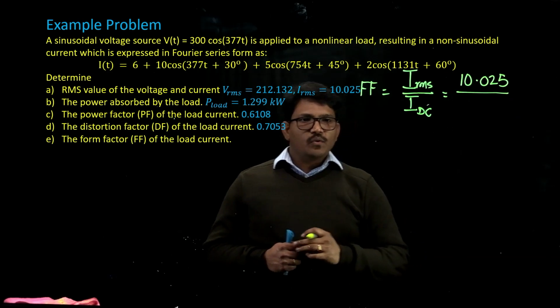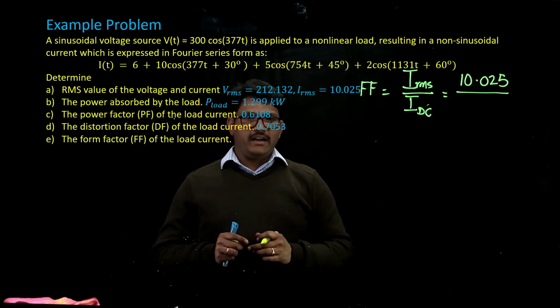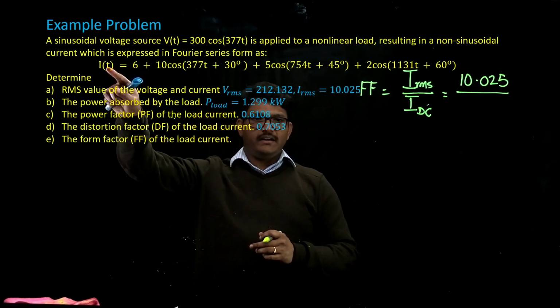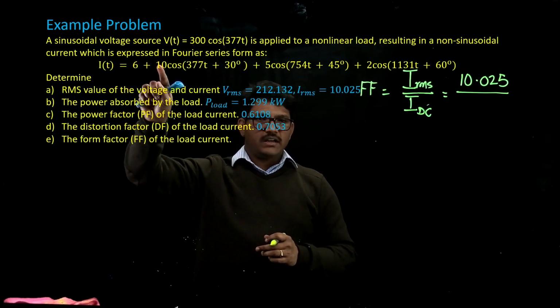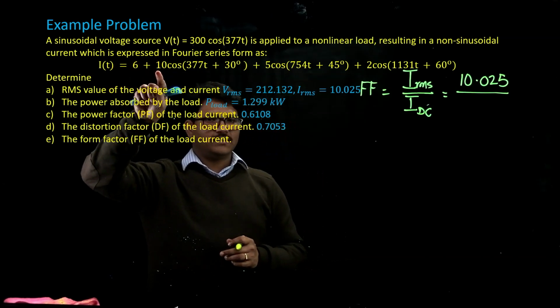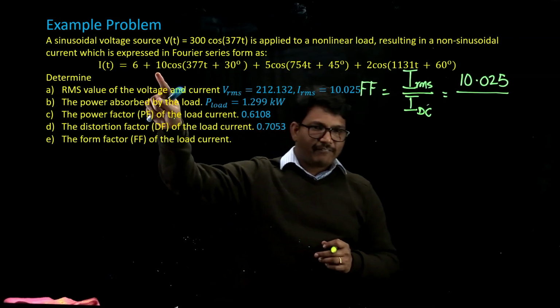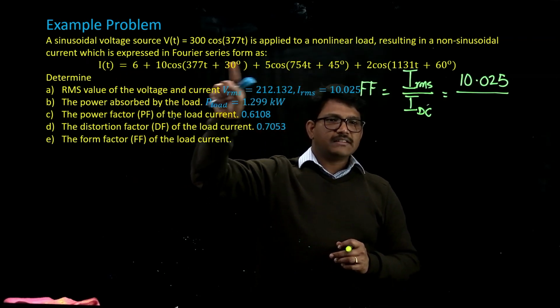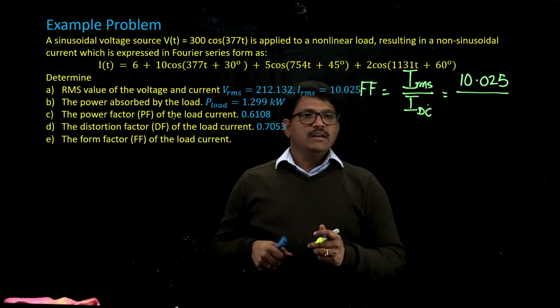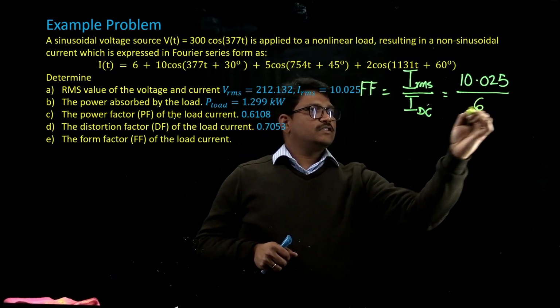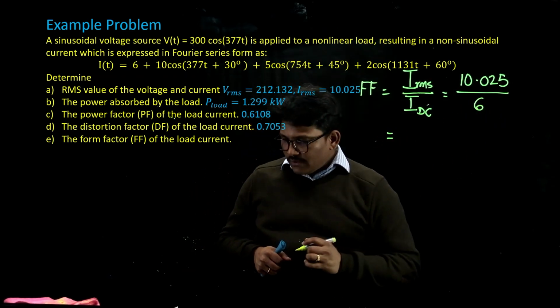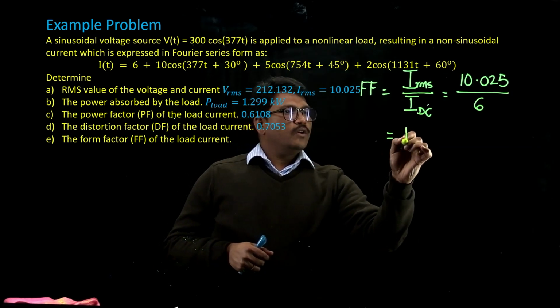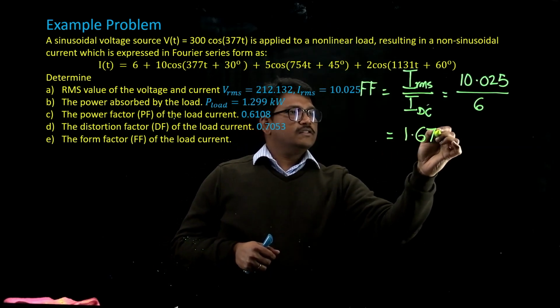And if you wanted to get the DC value of the current, you have an expression for the current. Just that 6, the constant value of the current itself, is the DC value, because when you take the average of this particular current, all the sinusoidal currents will turn out to be 0. So this is going to be 6 for us. So the value of the form factor is going to be 1.6708 for us.